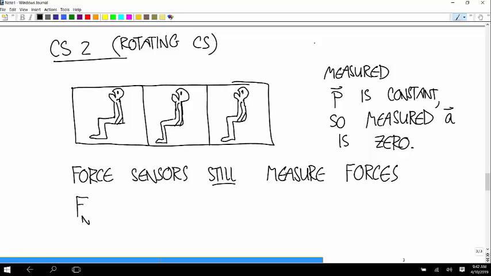And so if you put these together, the net force that's measured does not appear to equal the mass times the acceleration. Okay. So if you want to use the acceleration you measure in coordinate system 2, in the rotating coordinate system, in Newton's laws, you have to correct for that problem. Okay.